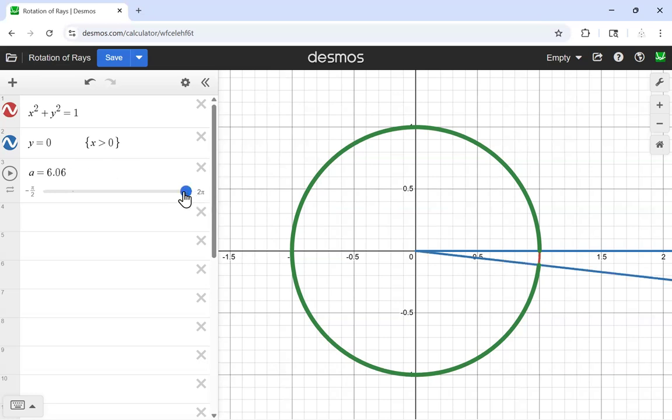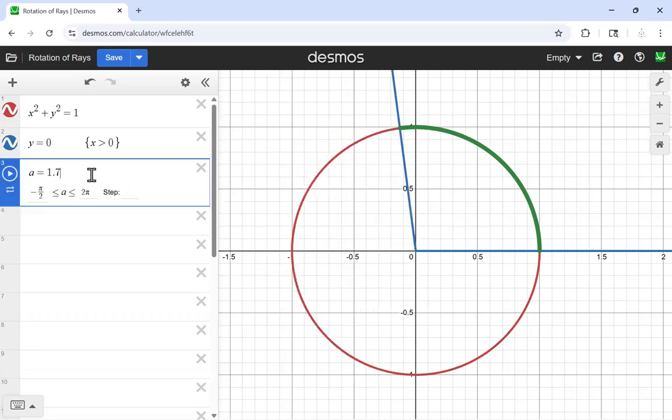And if I wanted to find the arc length of a quarter of the circle, I could say the angle that I'm making here is pi over 2 radians. So the arc length is going to be pi over 2 times the radius, in this case 1. So that arc length is pi over 2.